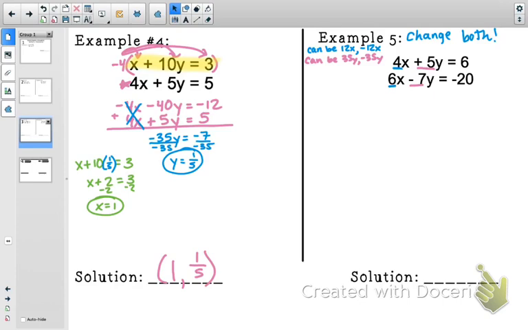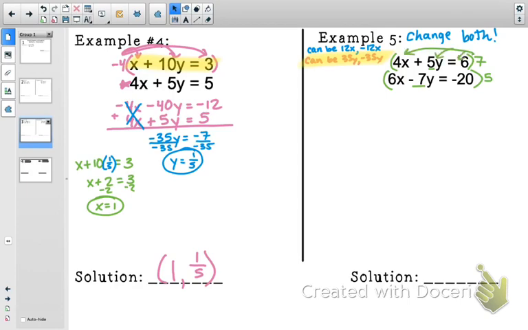All right, but I like the idea of the opposite signs for the y, so let's go ahead and change the y. You can also use 12x and -12x if you wanted to still get the right answer. So I want that first equation to have a positive 35y and the second equation to have a negative 35y. So that means I'm going to multiply the first equation by 7 and the second equation by 5.